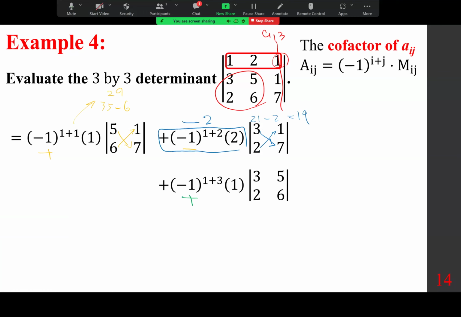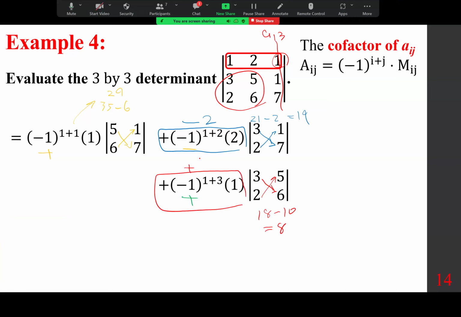This is minus 2 times 19, which makes it minus 38. This is 3 times 6, 18, minus 2 times 5, 10, which makes it 8.